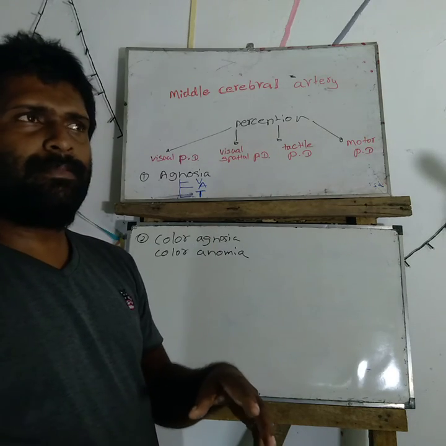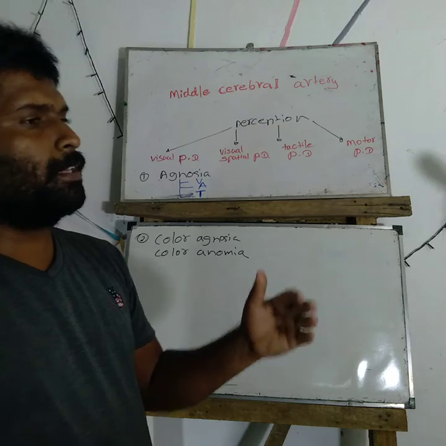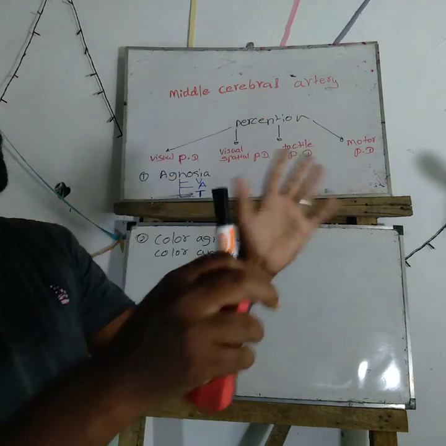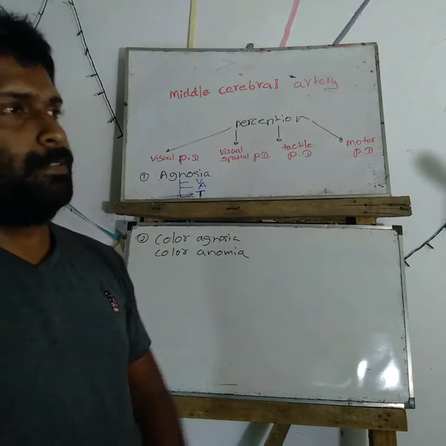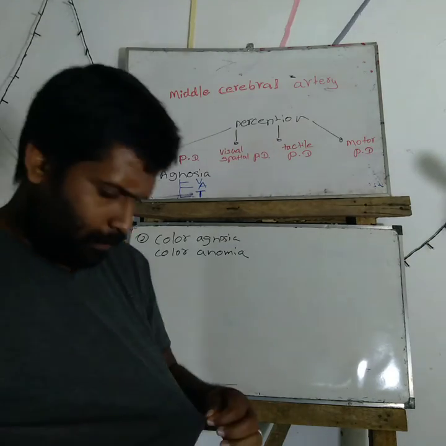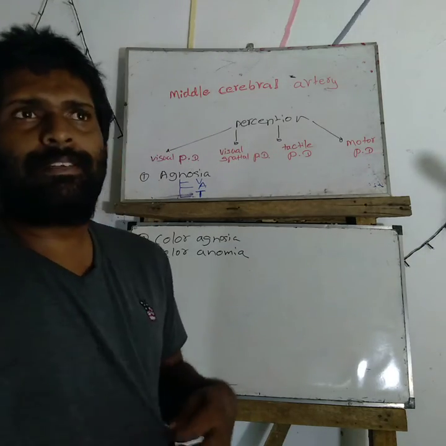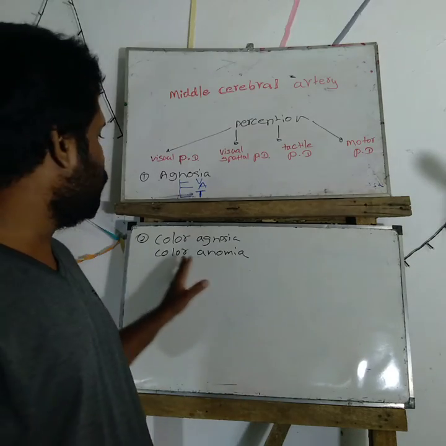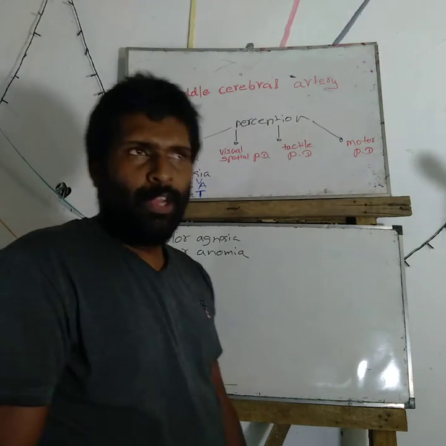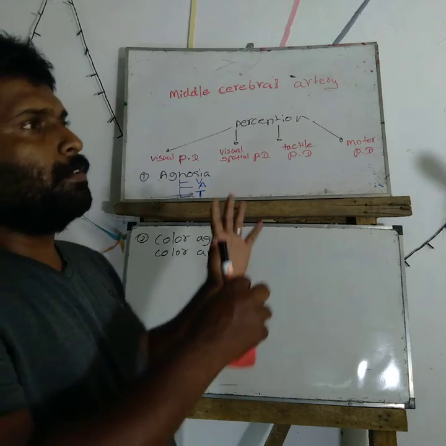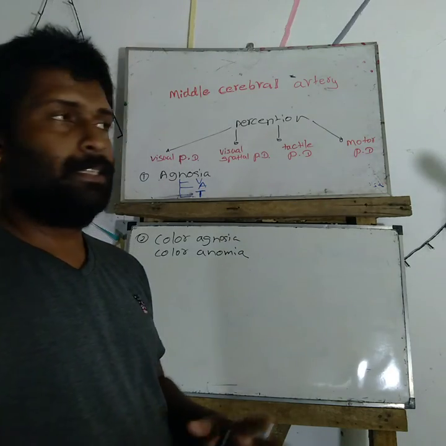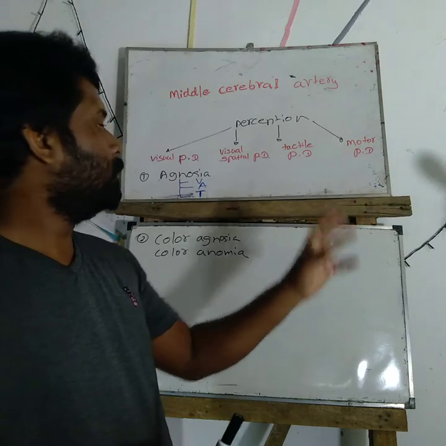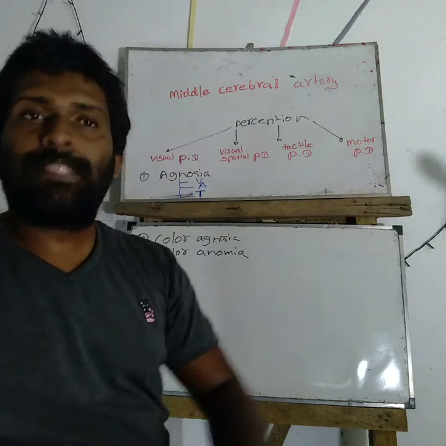Agnosia is when he is wearing a t-shirt and we ask the patient, what is your t-shirt color? He can't tell the color. This color is gray, likewise. This is color agnosia. When that patient goes to buy soap, he can't pick things by color.